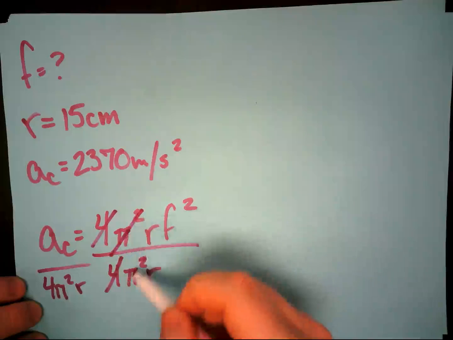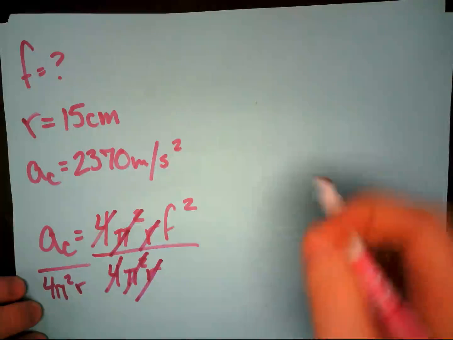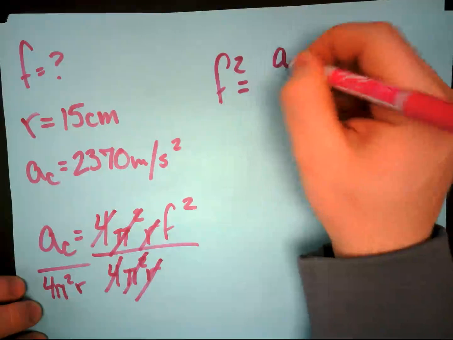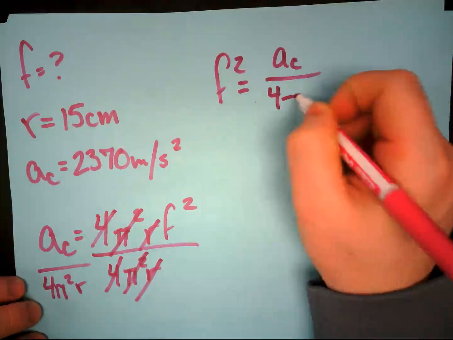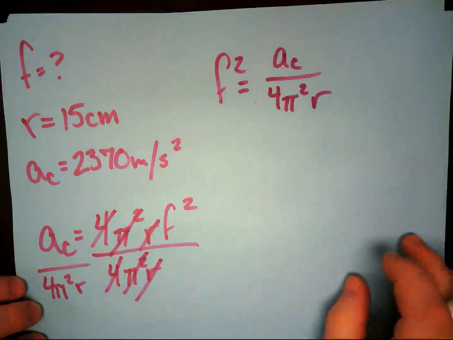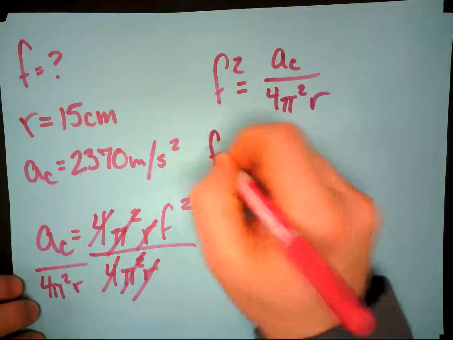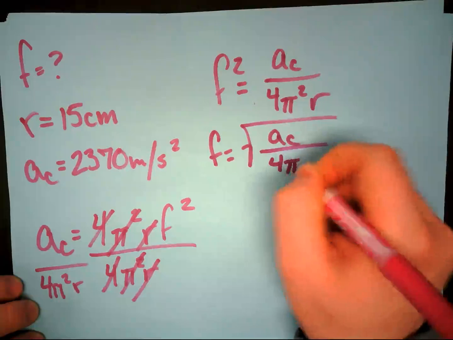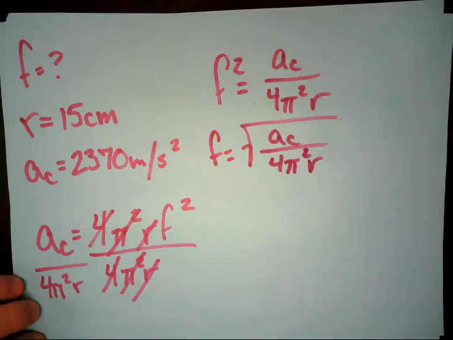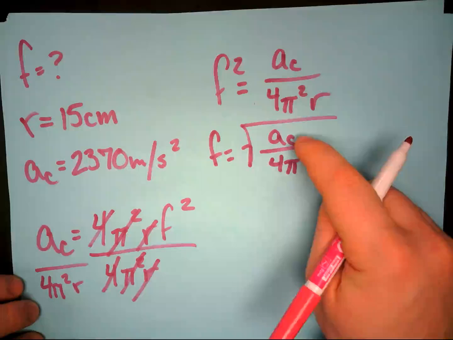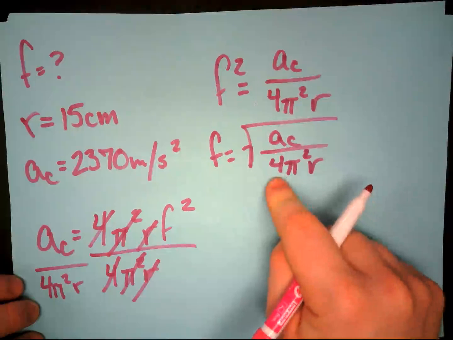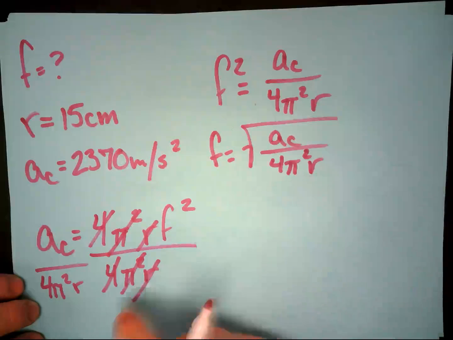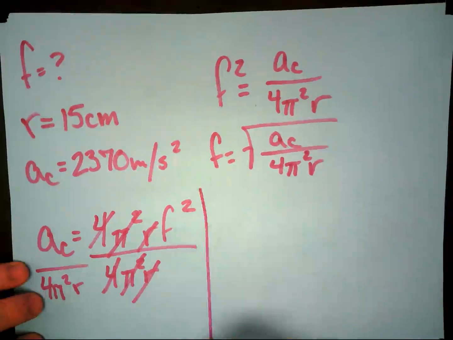This cancels out, that cancels out, and we're left with just that. Then f squared is equal to that divided by this. Then just find the square root of everything. So frequency is equal to the square root of the centripetal acceleration divided by 4 times pi squared times radius. This will be the formula we're using here.